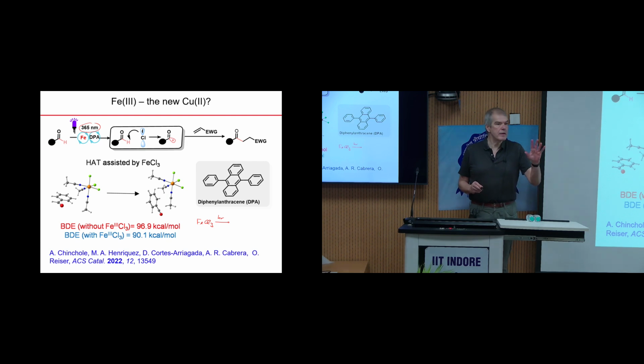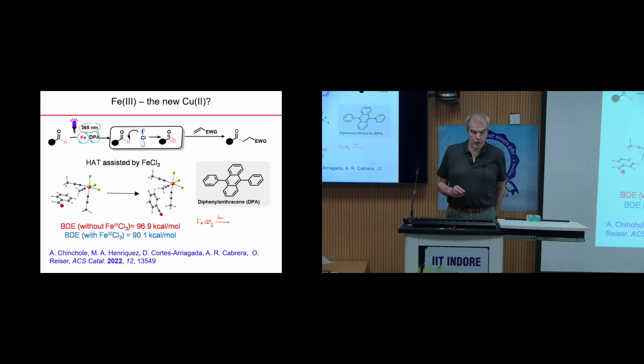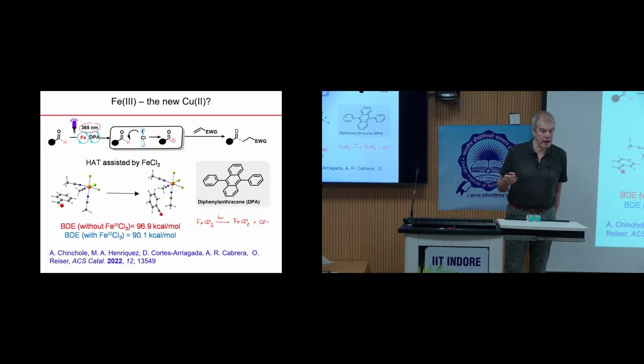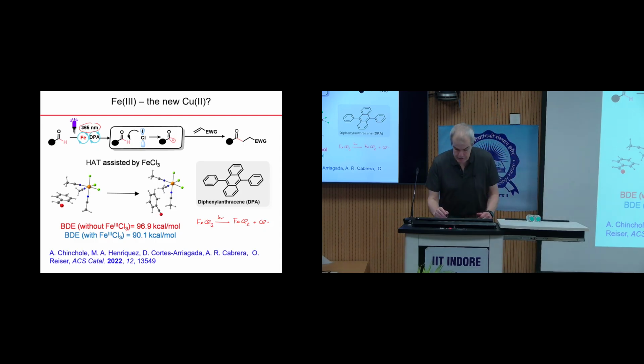We have to do this at lower wavelengths. But again, the LEDs for 365 are around. And so we were simply asking the very simple question, if we do this, can we generate chlorine radicals out of this? And this would involve a reduction of the iron 3 to the iron 2.